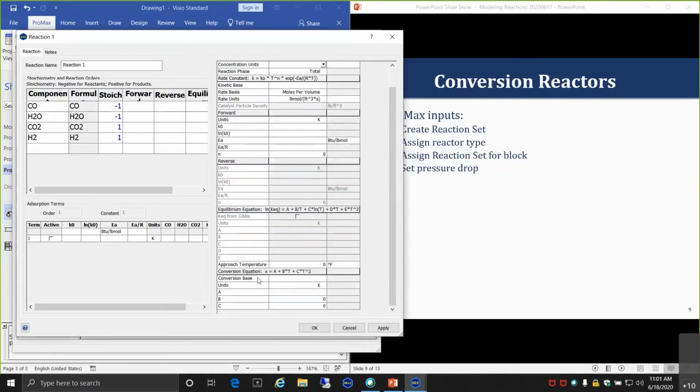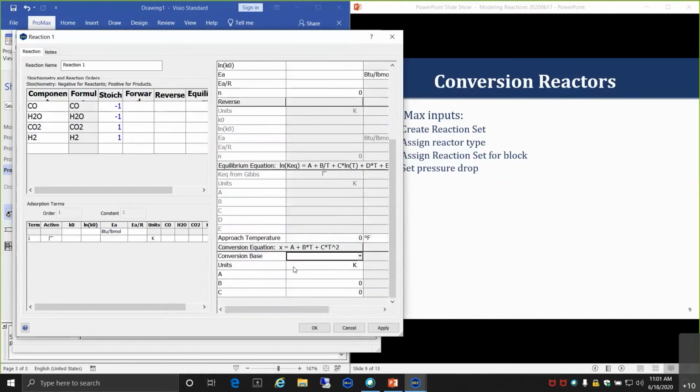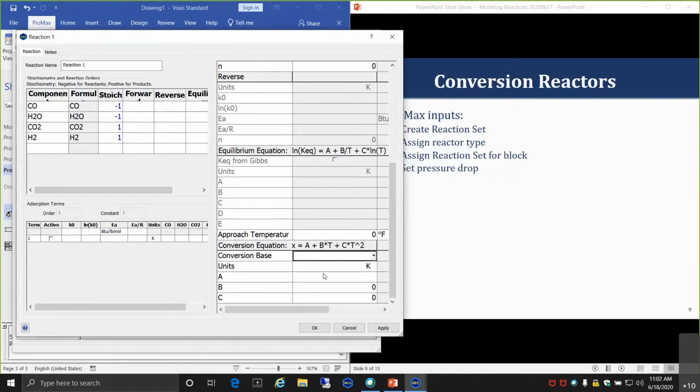We're going to come down here. We have to define a conversion base. The conversion base is what species this conversion is based off of. So we're going to go with CO.